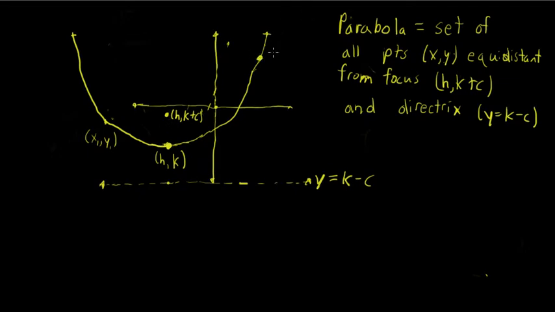Okay, so let's say we have a general point x, y here. We know that based on this definition of a parabola, this general point x, y is going to be equidistant from this focus h, k plus c and the line y equals k minus c. And we're taking the perpendicular distance to this line here.